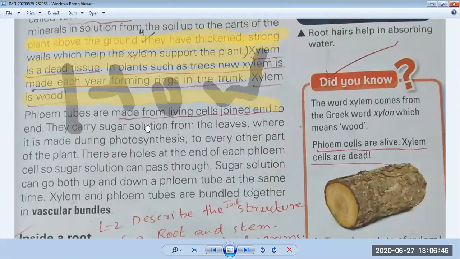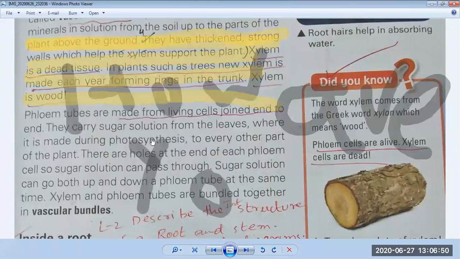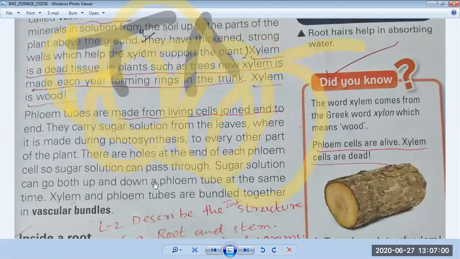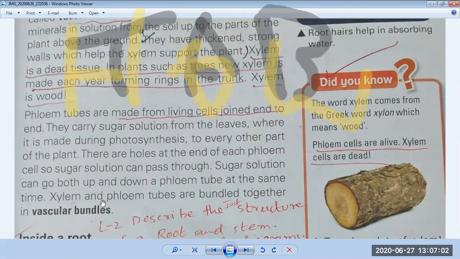This sugar solution comes from the leaves, where it is made during photosynthesis, and goes to every other part of the plant. There are holes at the end of each phloem cell, so sugar solutions can pass through. Sugar solution can go both up and down a phloem tube at the same time.